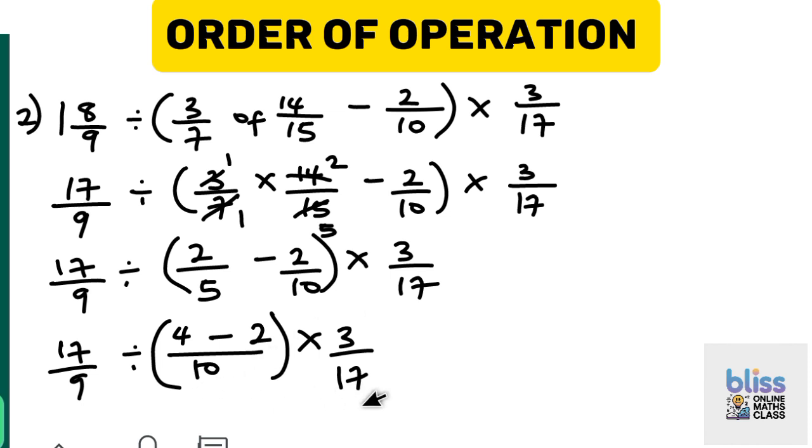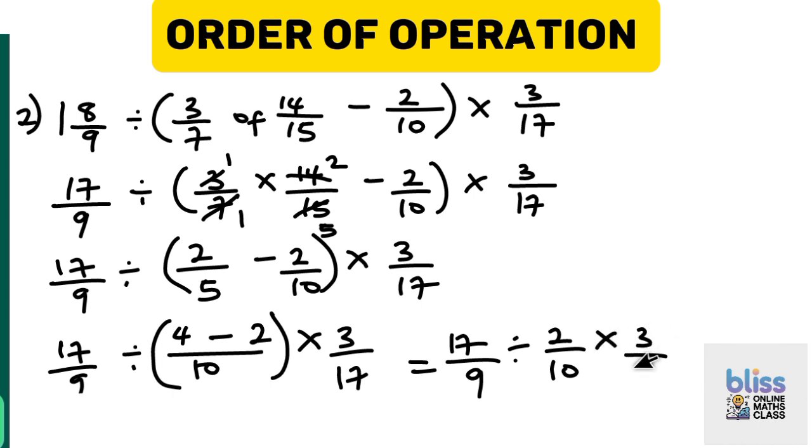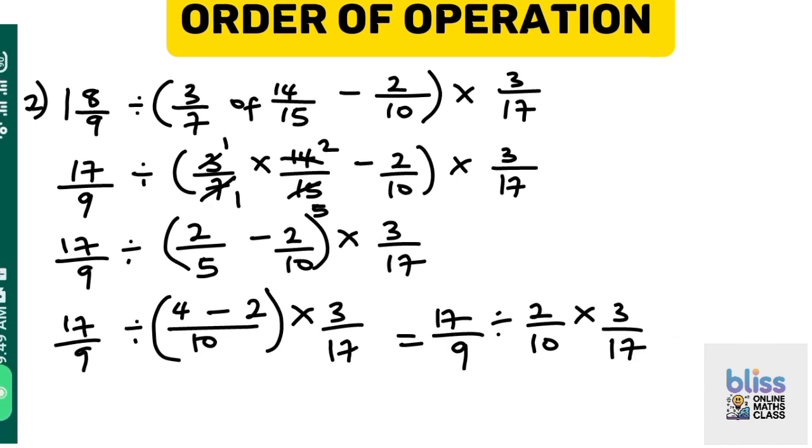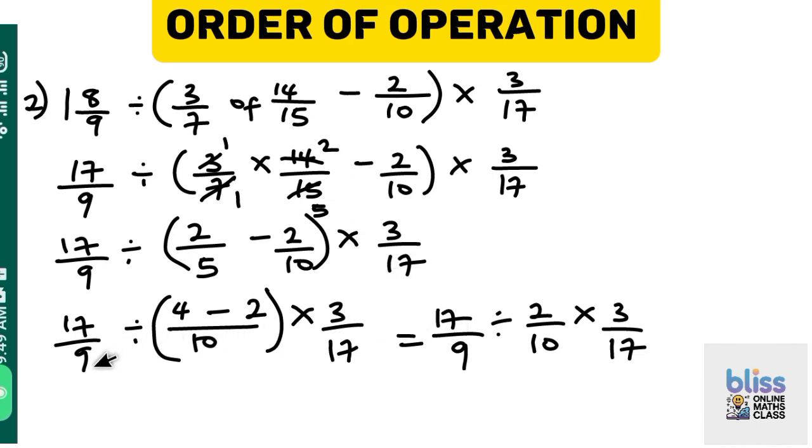So now this will be equal to 17 over 9 divided by 4 minus 2 is 2 over 10 times 3 over 17.